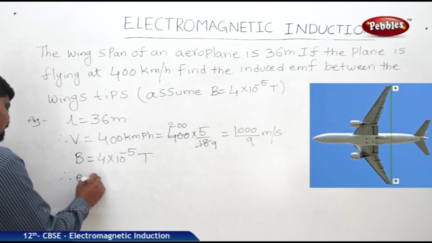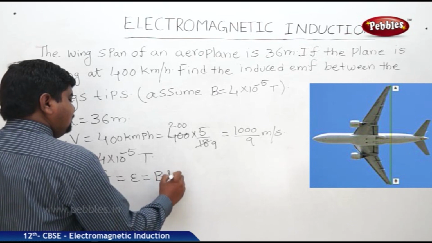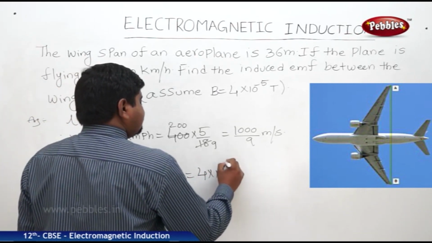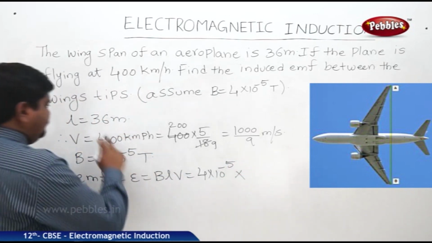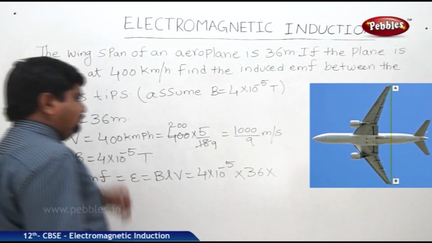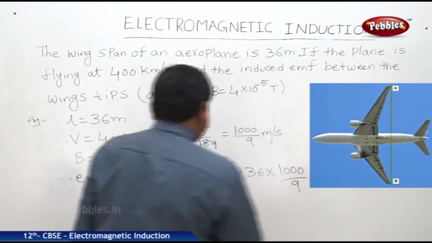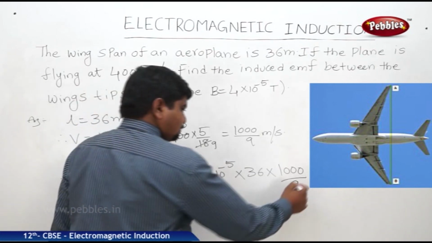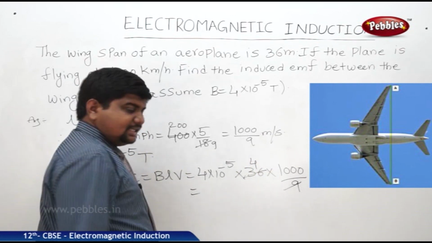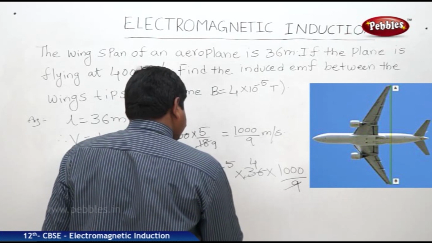Therefore, EMF is equal to E is equal to BLV: B is 4 into 10 to the power of minus 5, L is 36, V is 1000 by 9. 36 by 9 is 4, 4 times 4 is 16, 10 cube, 10 power minus 5.